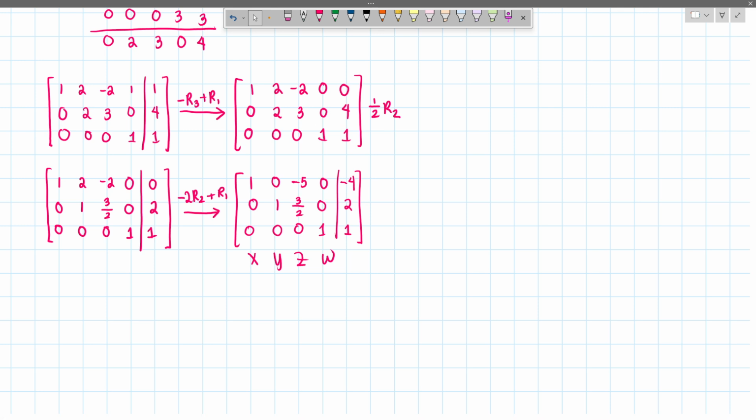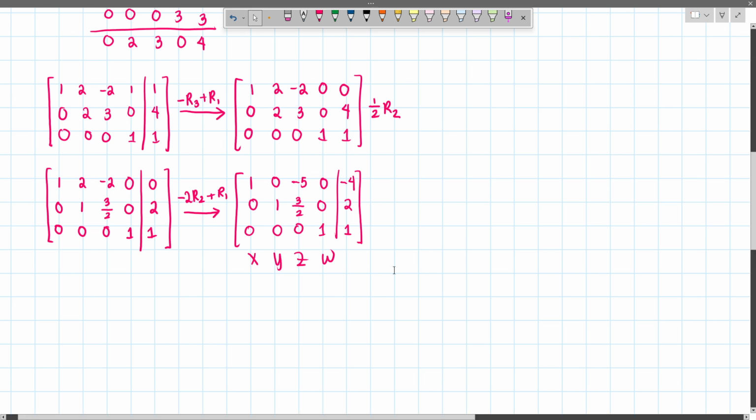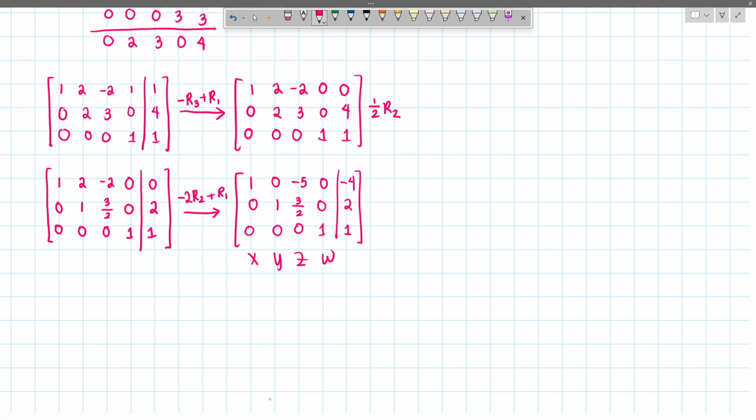So when we rewrite this back into equations, this is simply w is equal to 1, based on what we have here. And then here we have y plus 3/2 z equals 2. And then here we have x minus 5z equals -4.